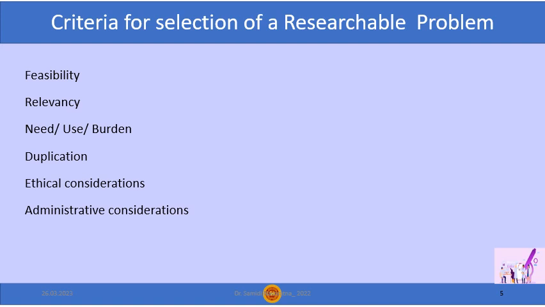Then you need to think whether this is going to be a duplication of somebody else's work, because then it's not ethical and you are wasting other people's time and resources on just a mere duplication. Other than the duplication, there are other ethical considerations you need to think of, right? Then administrative considerations also matter here. So all these criteria are important in selecting a researchable problem.